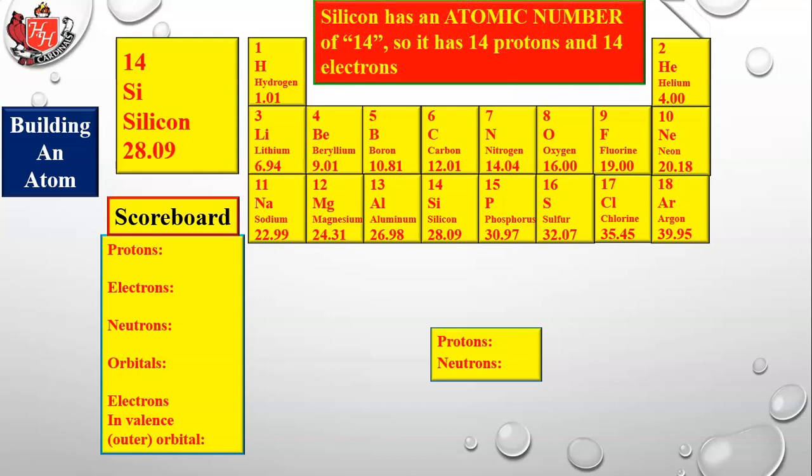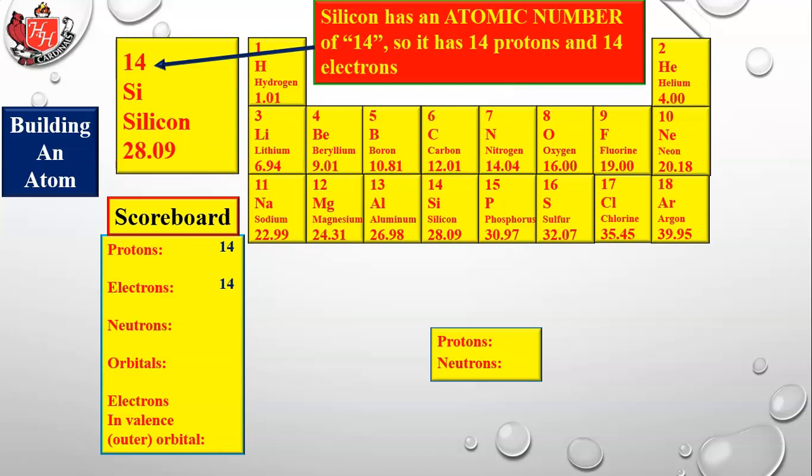So silicon has an atomic number of 14, and that means it has 14 protons, and since all atoms are born electrically neutral, it also has 14 electrons. So we can go ahead and place those 2 numbers in our scoreboard, right there. In the diagram, what you see is a rectangle that says protons and neutrons. That's the nucleus.